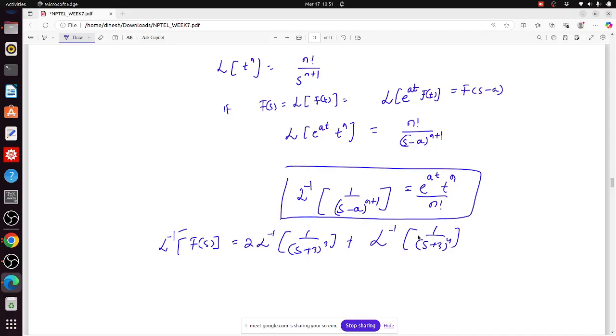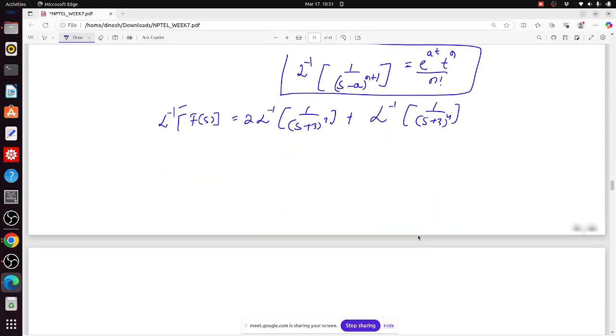So we'll get what? This is the Laplace transform of e to the power minus 3t into t square by 2 factorial, and this one is the Laplace transform of e to the power minus 3t into t cube by 3 factorial.